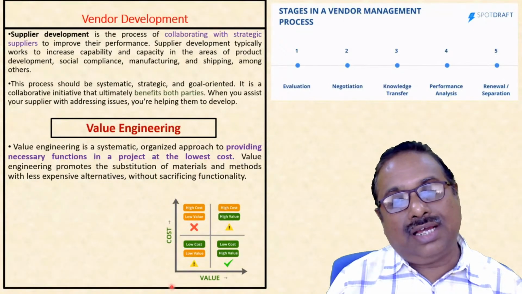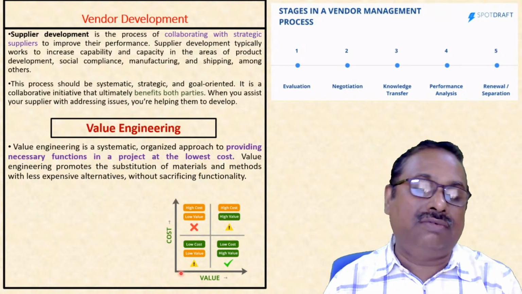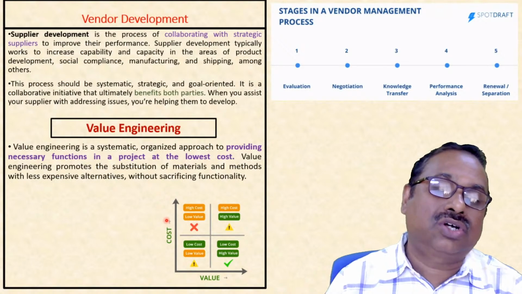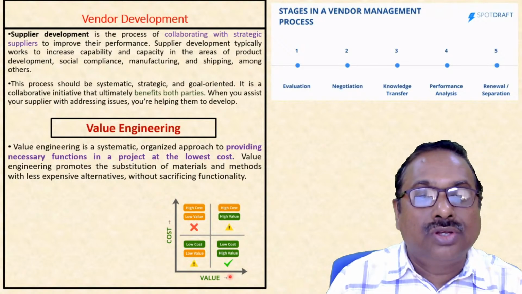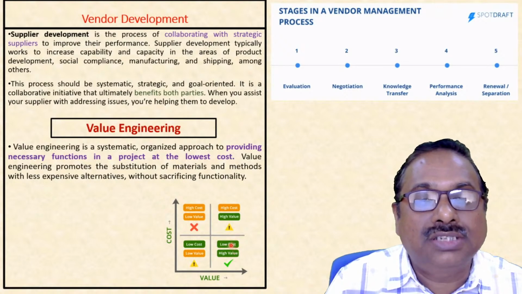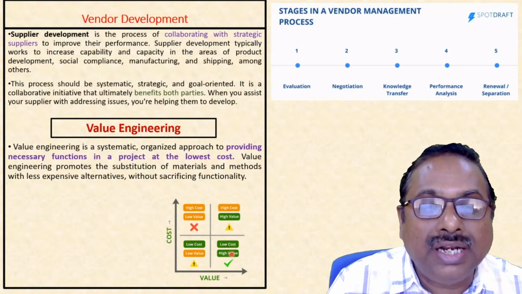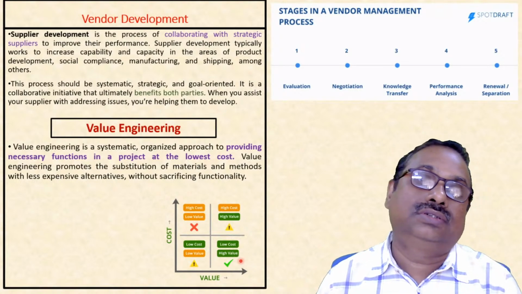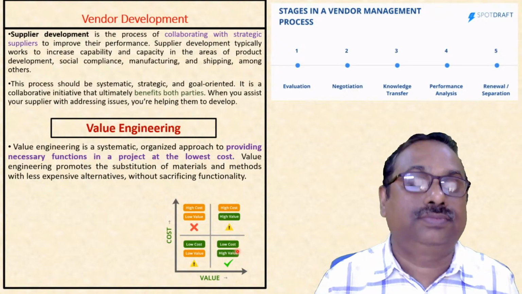So please refer to this graph. X-axis you have value, y-axis cost. So here you have value engineering. That means cost is low and value is high. So we are here.